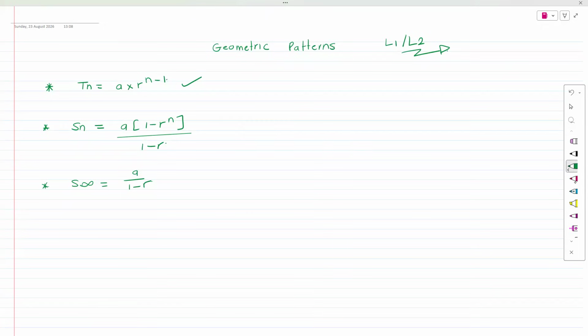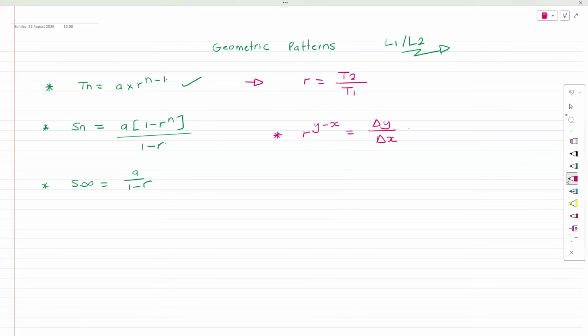Now, regarding the general formula, we need to remember that R is a ratio. To get the ratio, we go term 2 over term 1. Okay. Now, there is one formula that's not taught in school, and this is called R^(y-x) equals delta y over delta x.